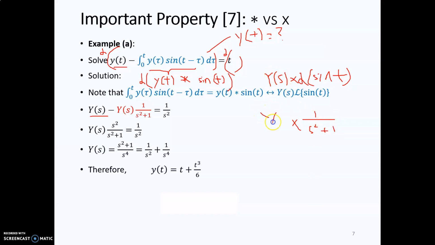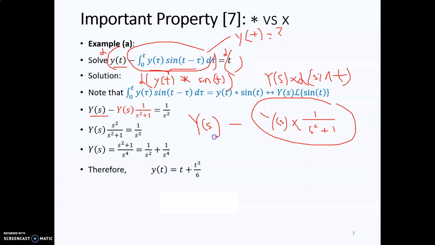So Y(s) remains. So this is the Laplace transform result for this. So you have the negative in front, and y(t) becomes capital Y(s). So this is the result for the left hand side.